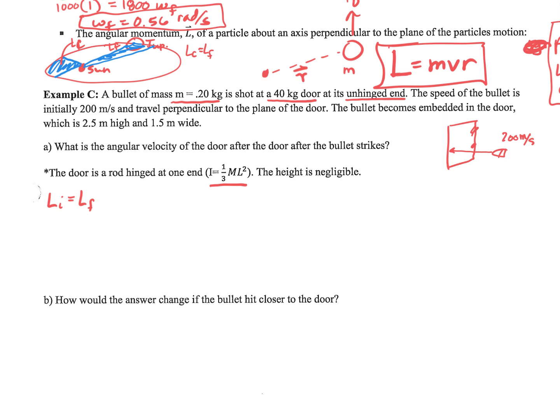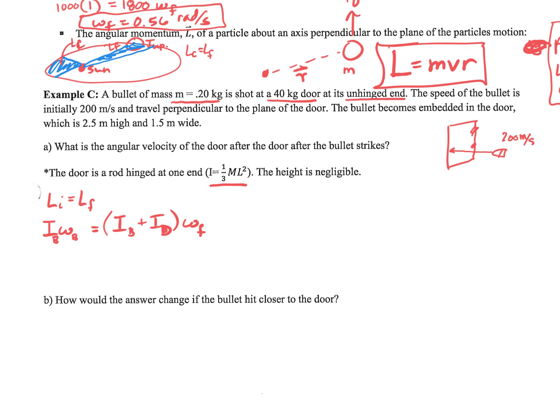So it's going to be I omega for the bullet. Final, it's going to be swinging together. It's going to be I for the bullet plus I for the door times omega final. And omega final is what we're looking for.